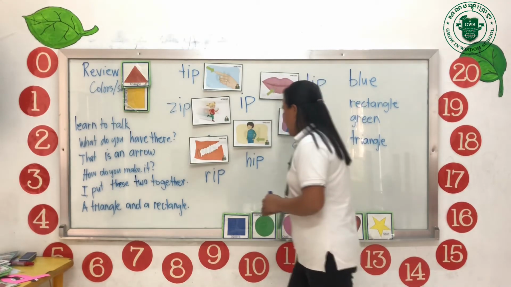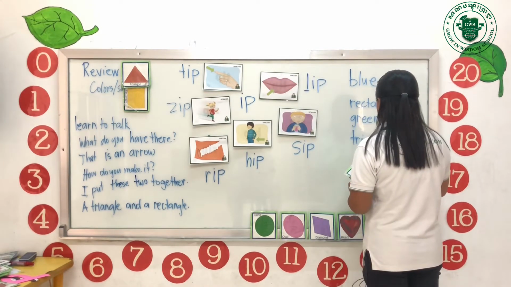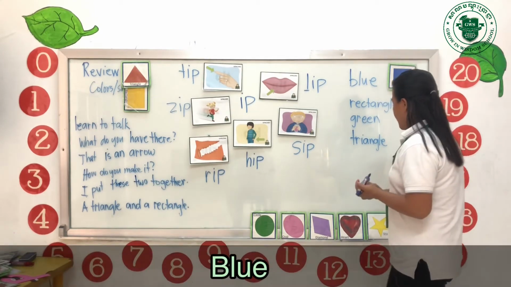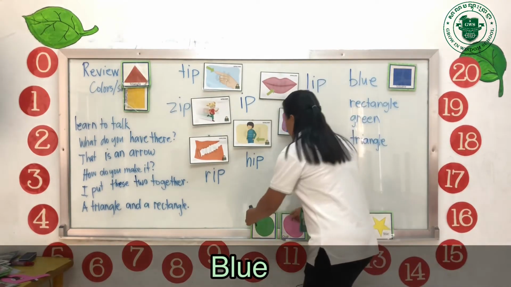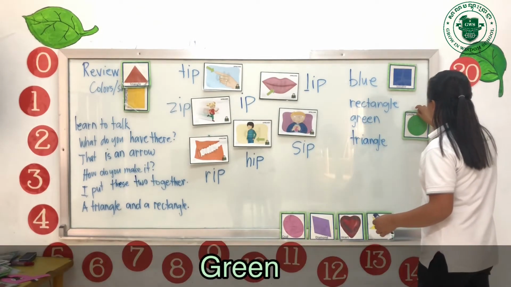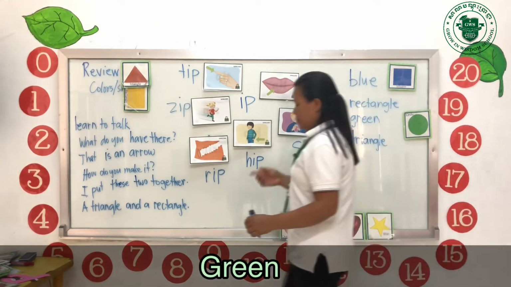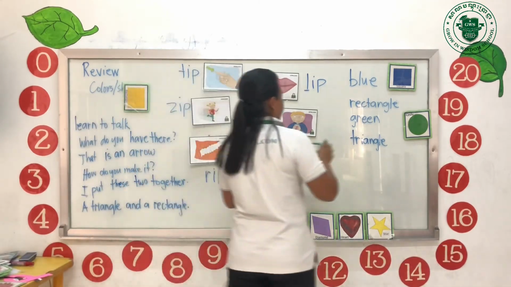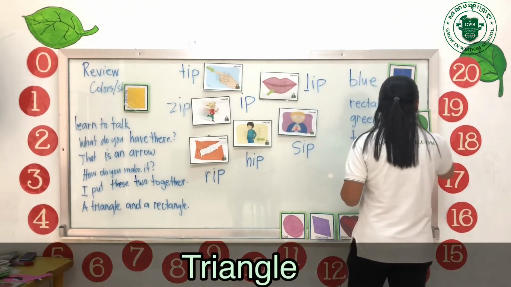Now, what color is this? Blue. What color is this? Green. And how about what shape is this? Triangle.